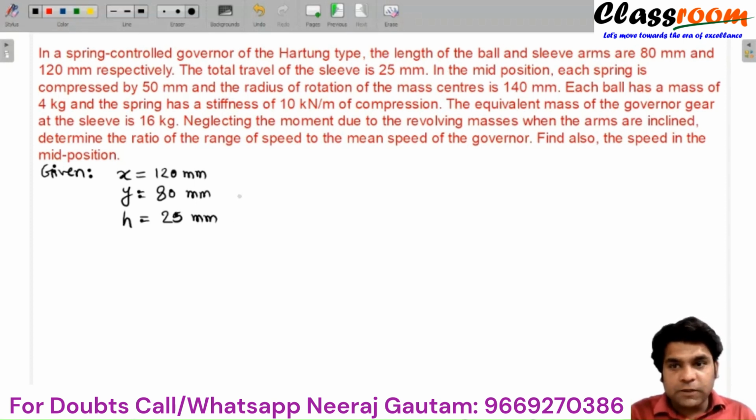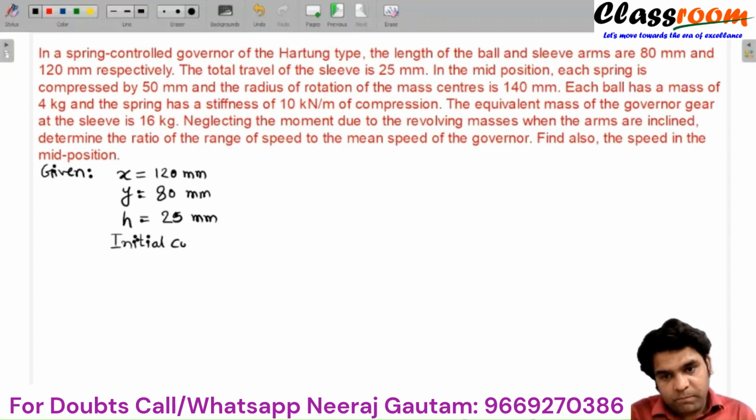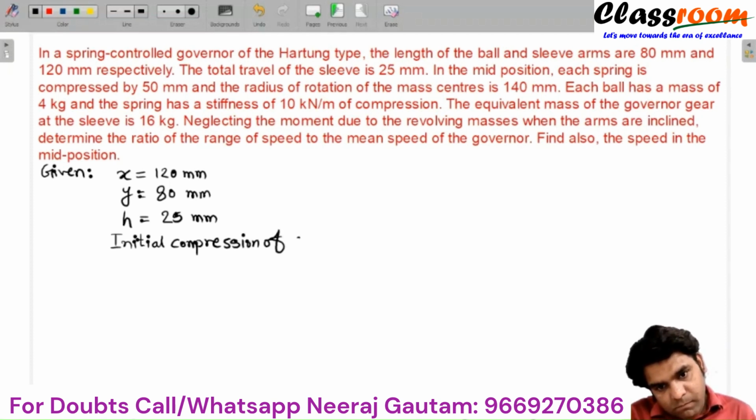In the mid position, each spring is compressed by this, the initial compression of a spring, which is 50 mm.